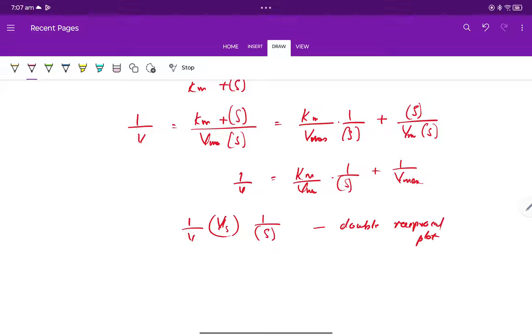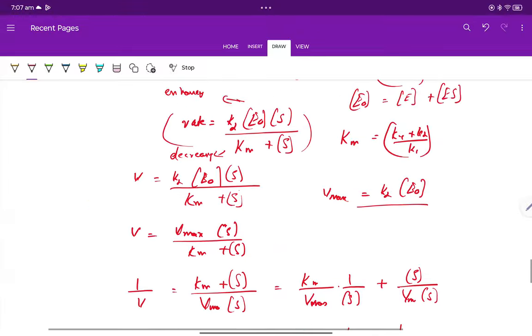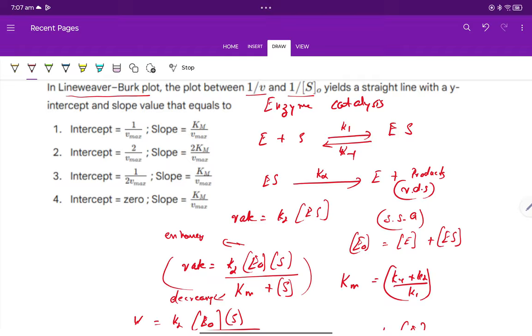Here you can see that this is just the equation of a straight line, y equals mx plus c, where your slope is Km by Vmax and your intercept is 1 by Vmax. Now let us see the options. You can see all the four options, and you can easily find that the right answer is option number 1.